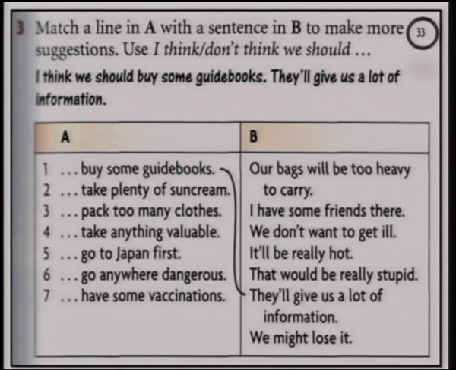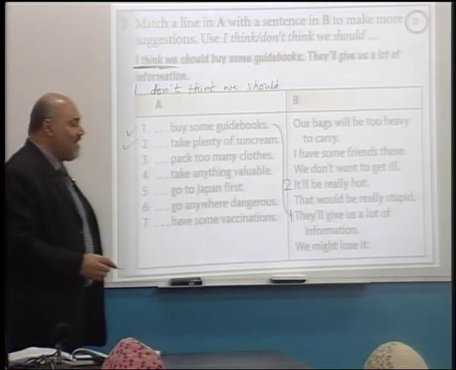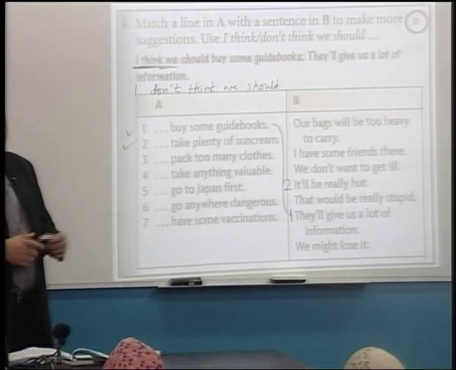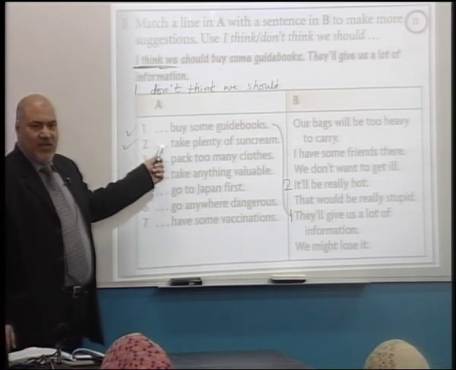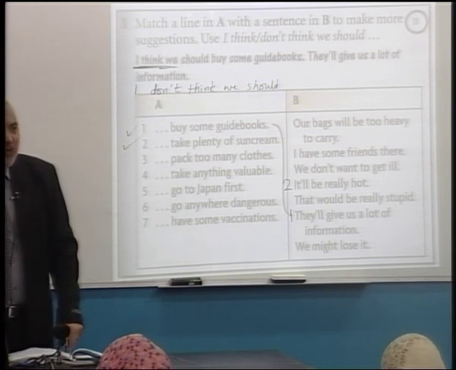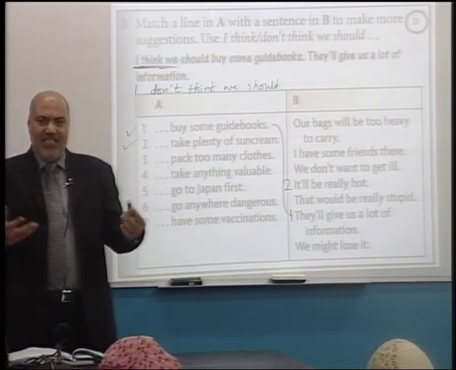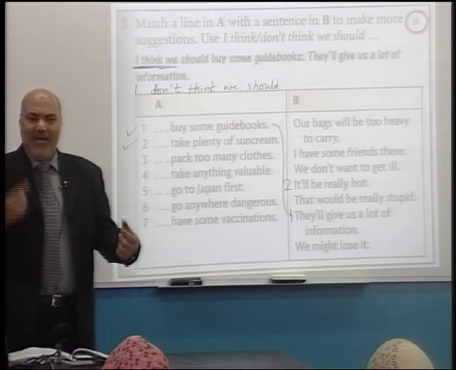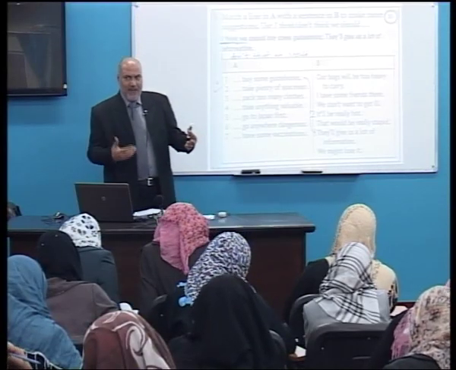Why? It will be really hot. So here, should or shouldn't? Should. So instead of saying we should, we say I think we should. Why? Because it is more polite. It is formal. It is a good way to give suggestions.